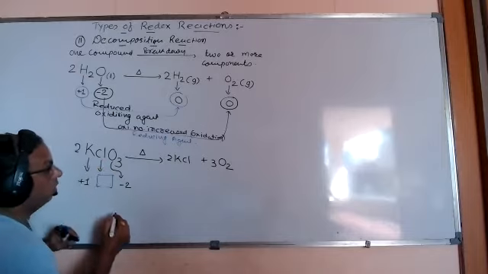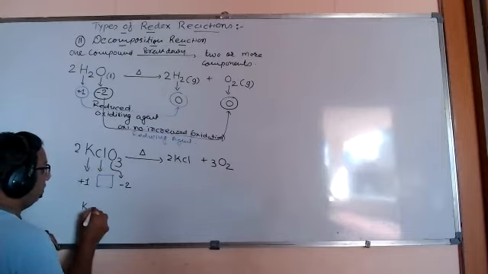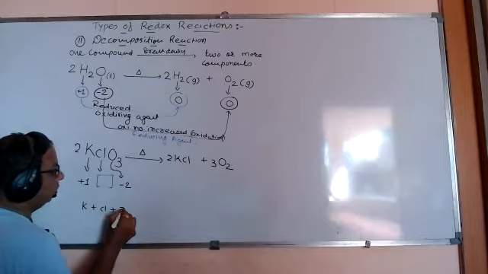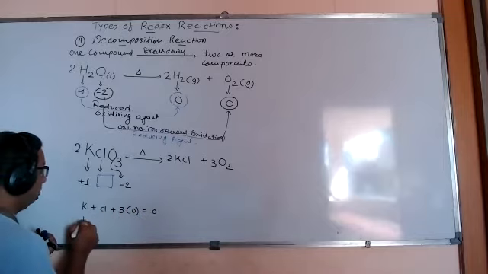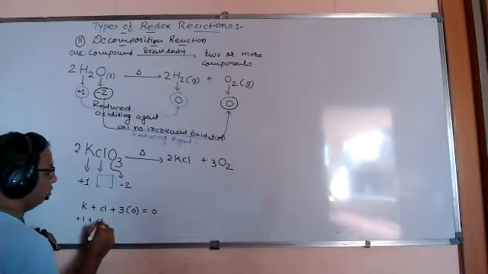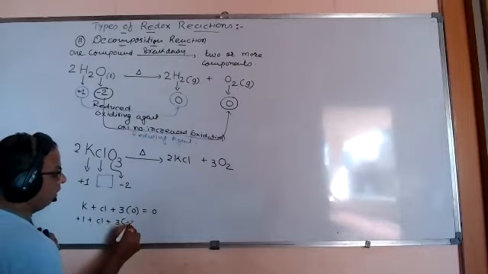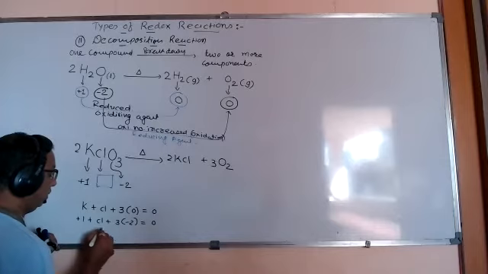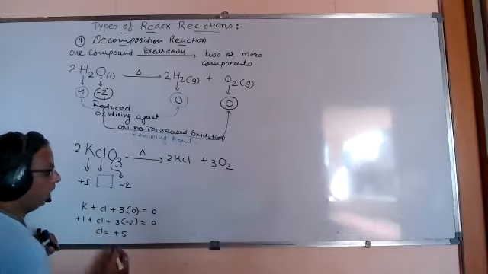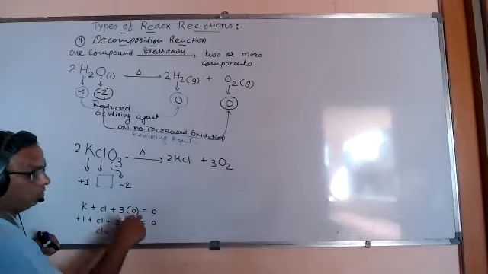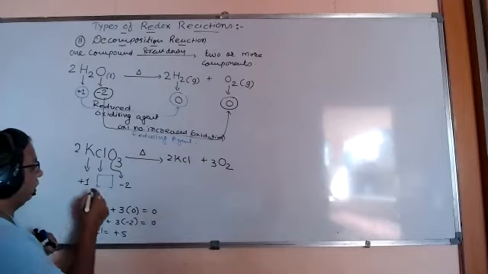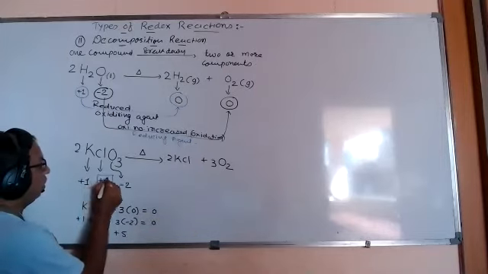What happens here? So K plus Cl plus 3 oxygen is equal to 0. This is for KClO3. Potassium +1, Cl is to be found, oxygen is -2. So friends, Cl is +5 here. -6, go to the right side, +6, -1. So this is +5.